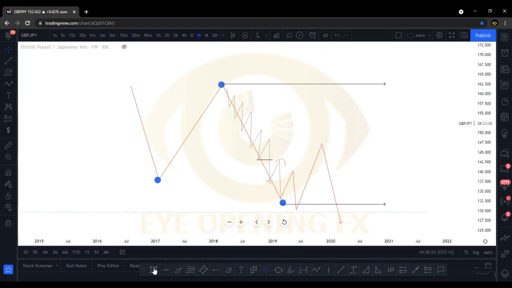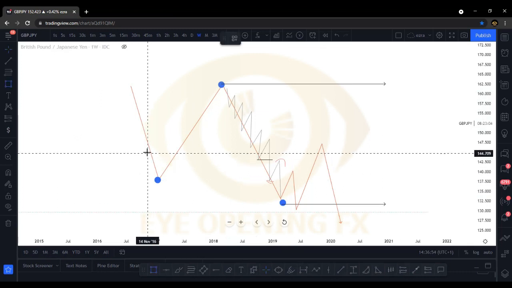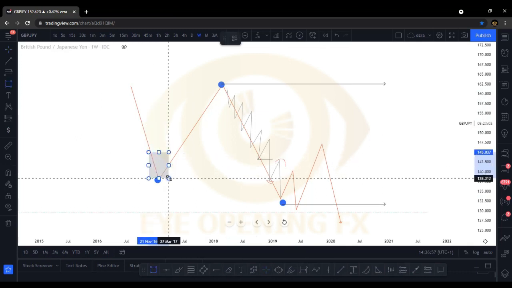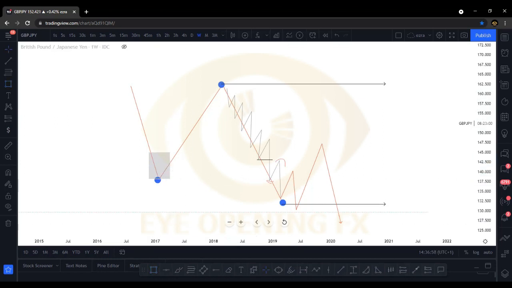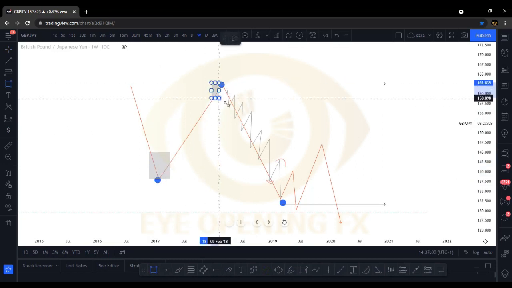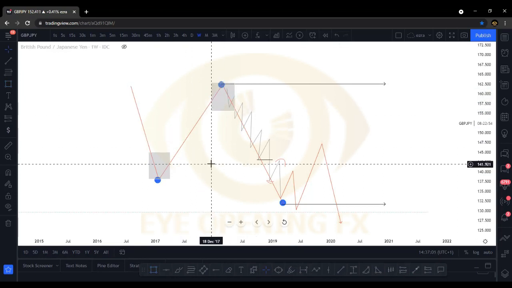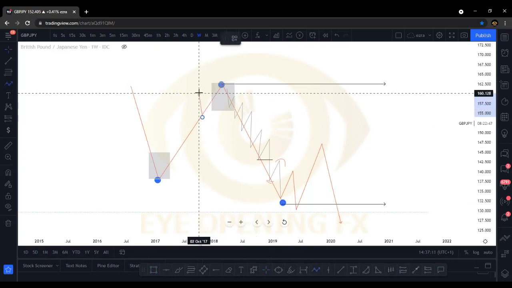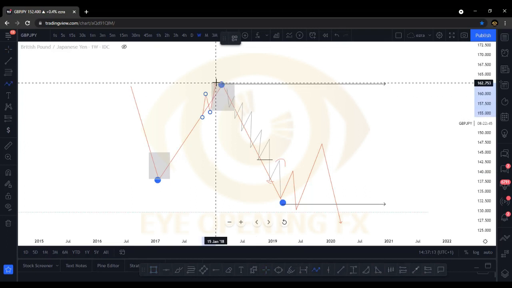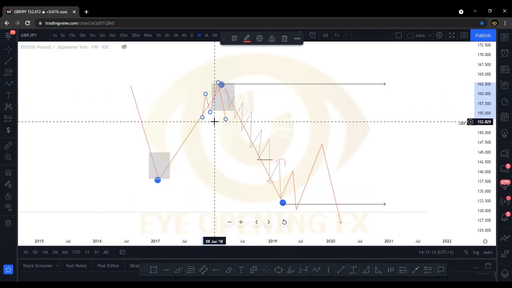Now, where market gives the first sign that it will buy here, and when it gives the first sign that it will sell here, is what we call primary and secondary zone. Now, if market gives the first sign that it will sell here, let's say higher high, higher low, a higher high, a lower low here.